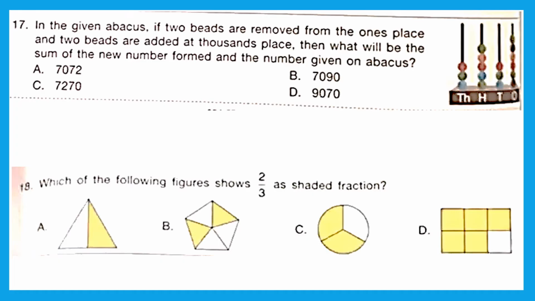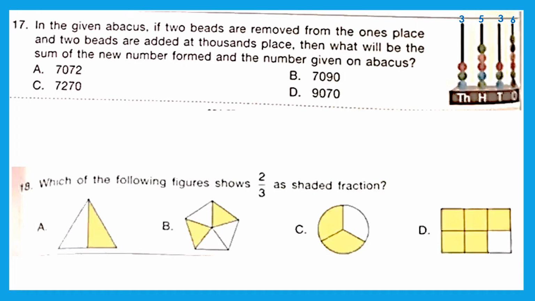Question 17. In the given abacus, if 2 beads are removed from the ones place and 2 beads are added at thousands place, then what will be the sum of the new number formed and the number given on abacus? So first let's find the number given on abacus, and that is 3536. Now what is mentioned over here?